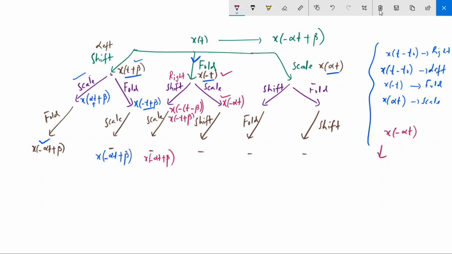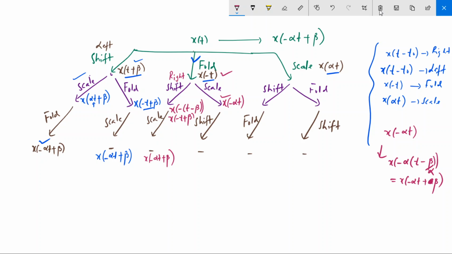If I shift it by beta to the right, t will become t minus beta. It means my signal will become x of minus alpha t plus alpha beta. Okay, but since you have to get beta here, this shift must be by beta by alpha, so that the alpha will cancel, and it will become minus alpha t plus beta. So this you have to keep in mind here.